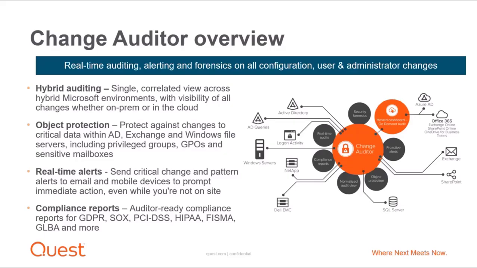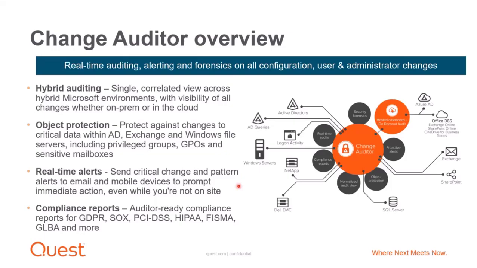That's one of the ways to protect specific objects within Active Directory, your GPOs. We can even go as far as look at Exchange and Windows file systems, looking at privileged groups, your Entra ID accounts. So we have the ability to protect and look at different types of auditing events and determine if we want to block or keep people out of certain objects within Active Directory and other items.